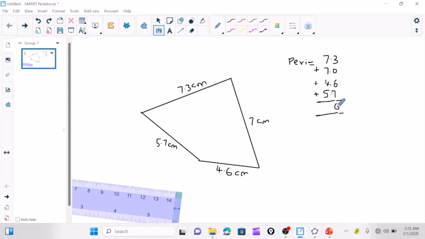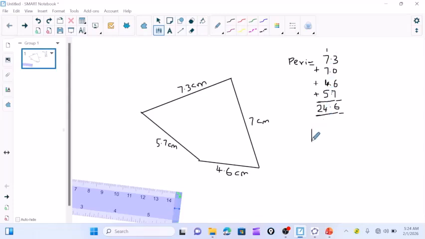I have my 6, carry 1. Then 7 plus 7, 14, plus the 1, 15. Then 15 plus this 4, 19, plus 5, I will get 25. Sorry, 24, not 25. So 1, 8, 15, 19, 20, 24.